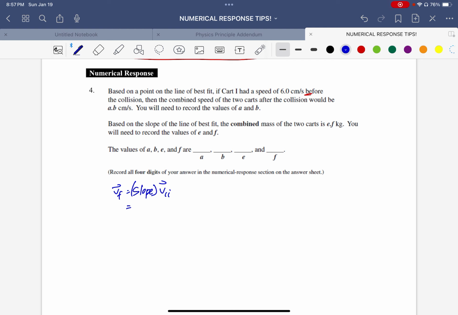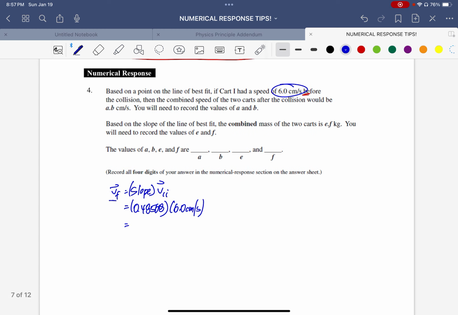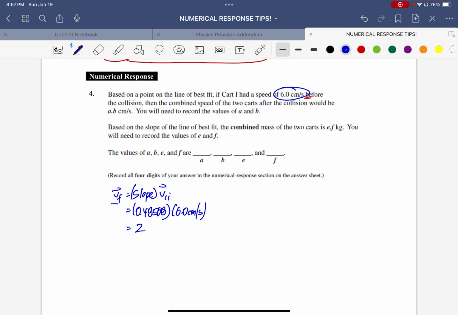We know the slope is 0.48568. If our x coordinate here is 6 centimeters per second, then our y-coordinate, or our final velocity of both carts combined, would be 2.9 centimeters per second. So AB would be 2.9 centimeters per second.